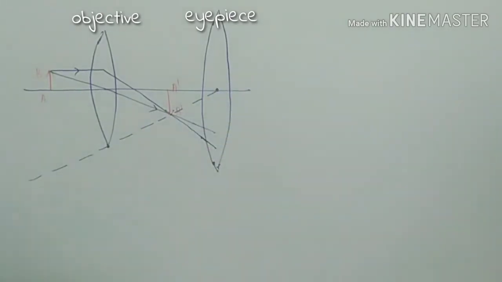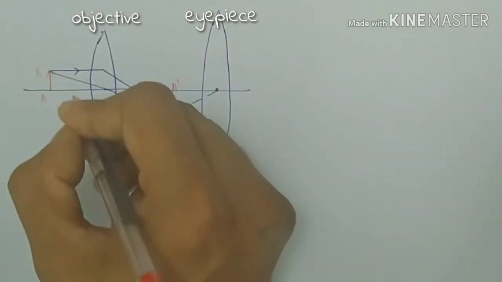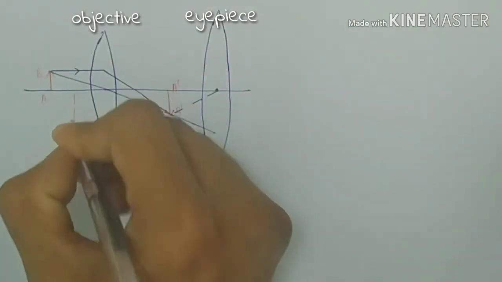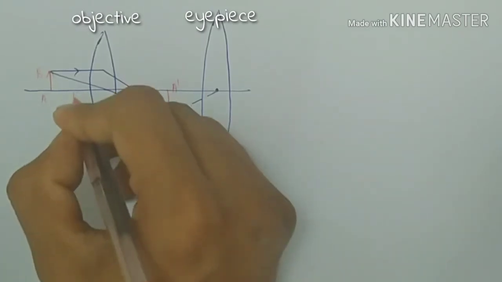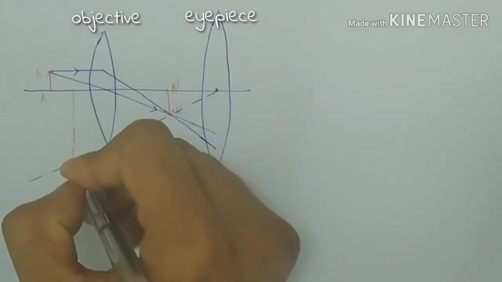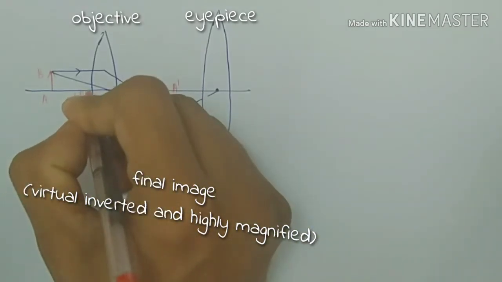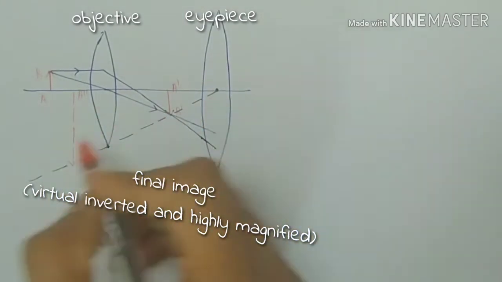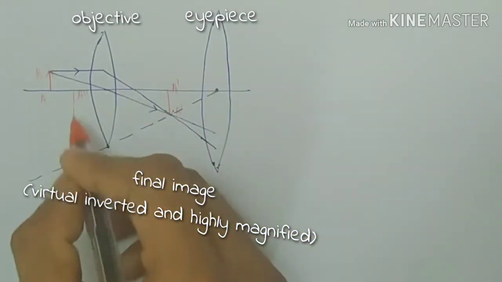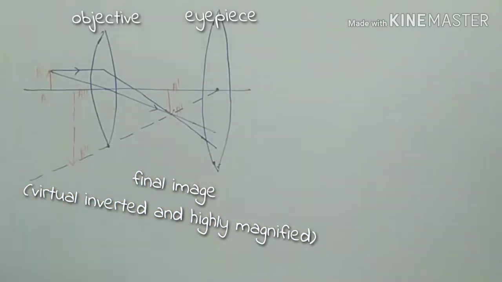On this line I am drawing an image over here. Why I am drawing a dotted image over here is because it is virtual, and let me call it A double dash B double dash. But you might wonder why or how I am drawing it over here.